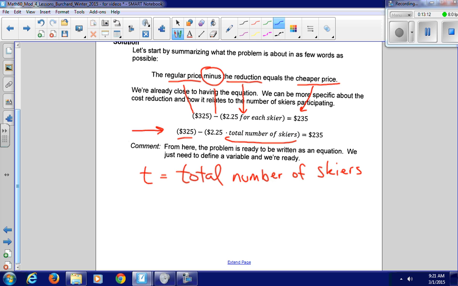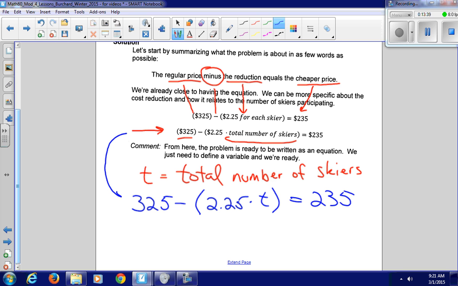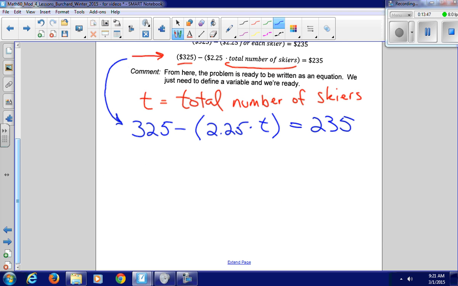So 325 minus 225 times T, which is our total number of skiers, and that's going to be equal to 235. So I'm just taking this and translating it into equation form. And then because we know how to write equations in algebra, we know we don't need the parentheses in this case. We can do it like that.